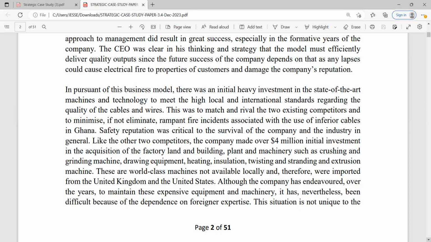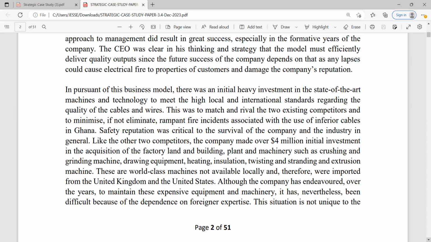Now, when I'm thinking about business model, what comes to mind is the value chain. You cannot go into this exam without knowing what the value chain is. The value chain is basically the processes that an organization engages in to add value to products, to create products.